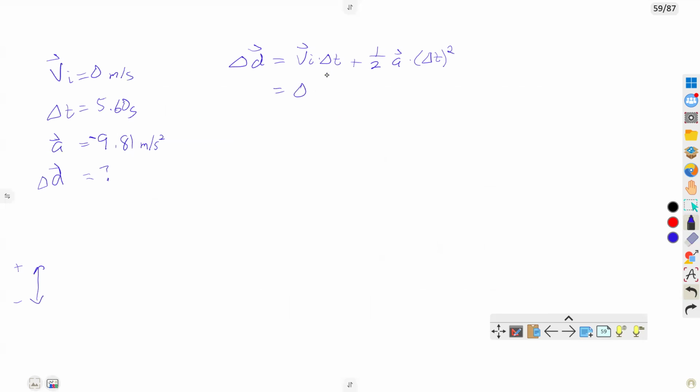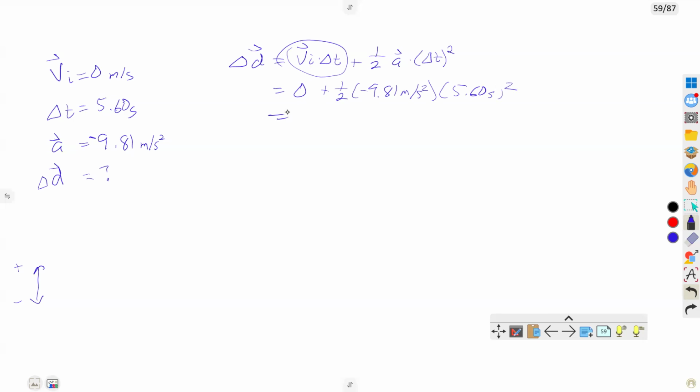Anything times 0 is going to be 0, so we can just abbreviate that because this is 0. So we're going to add 1/2 times negative 9.81 meters per second squared times 5.60 seconds squared.